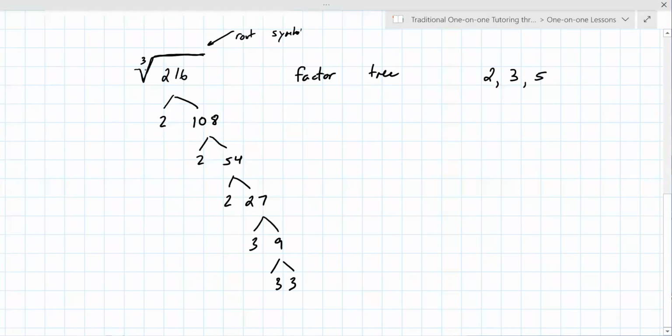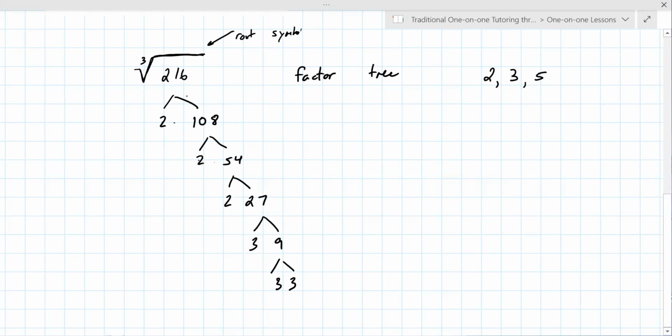I'm confused with every arrow there is, just below a number. Why is it connected to that number? So 2 times 108 gets you back to 216. 2 times 54 gets you back to 108. 2 times 27 gets you back to 54. So what you do is you divide this 216 by 2 to get 108.